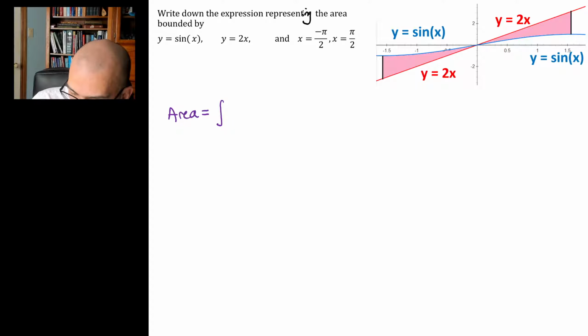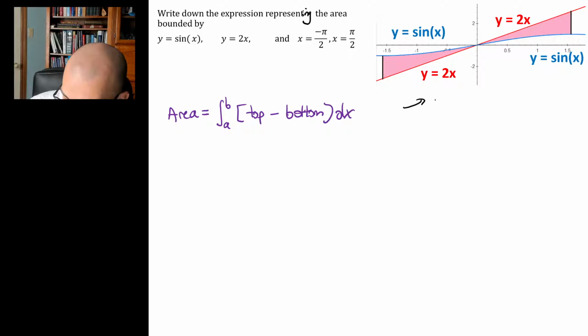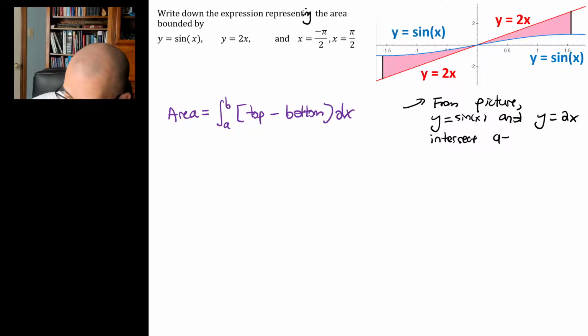integral from a to b of the top minus the bottom. But from the picture, y is equal to sine of x and y is equal to 2x cross or intersect at x equals 0.